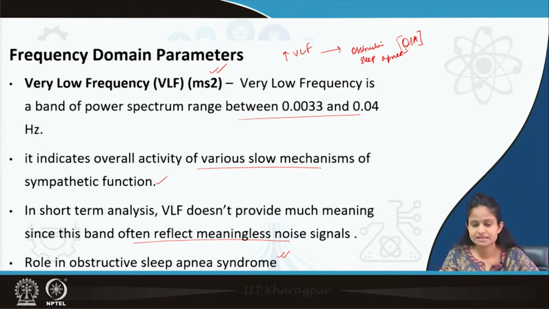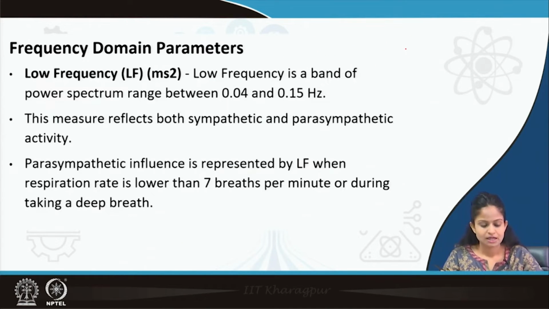So, these increased very low frequencies are usually synchronized with these episodes of respiratory arrest related to hypoxemia in obstructive sleep apnea. That is why it plays a very important role in obstructive sleep apnea. Otherwise, it has no role much.